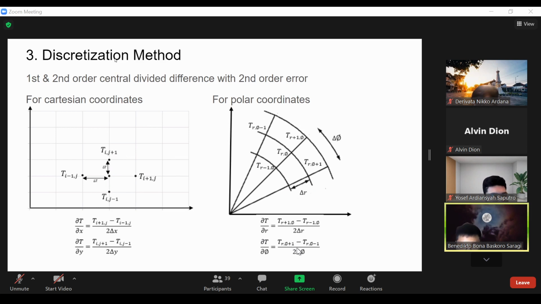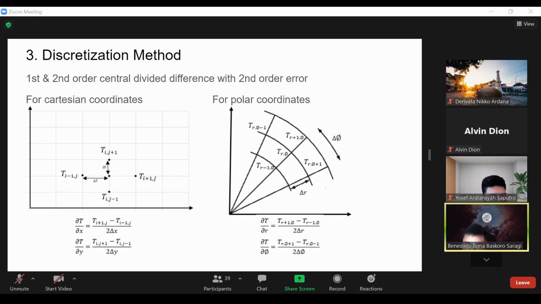For Cartesian coordinates, ∂T/∂x equals T(i+1,j) minus T(i-1,j) over 2Δx. ∂T/∂y equals T(i,j+1) minus T(i,j-1) over 2Δy.